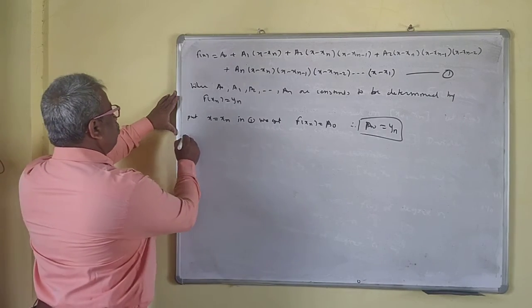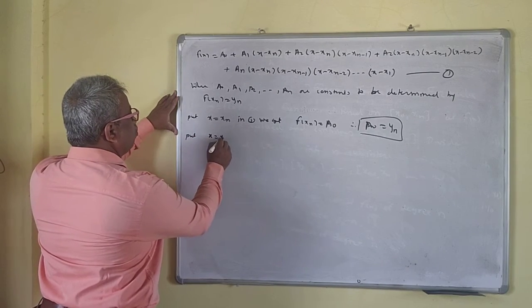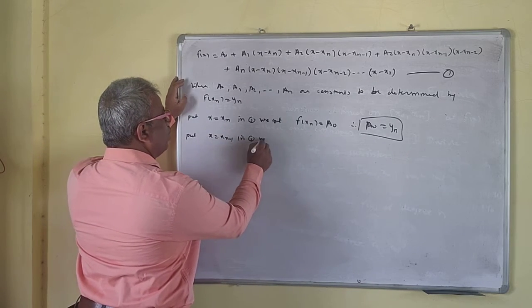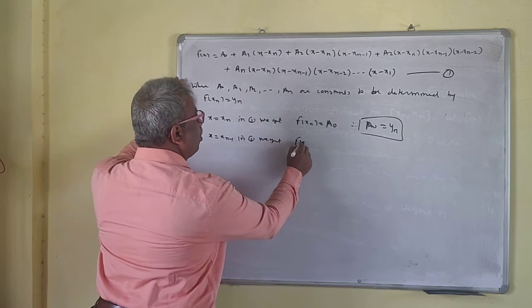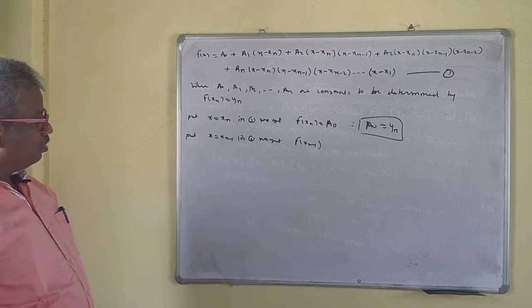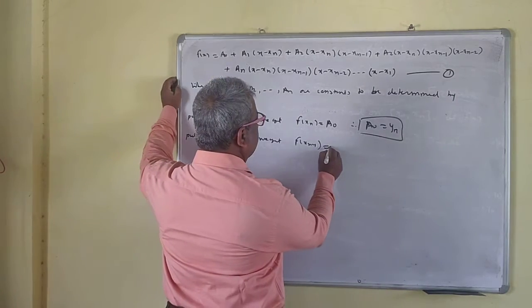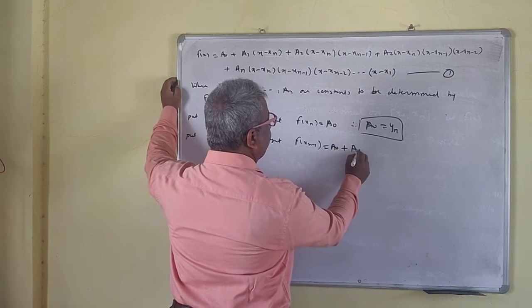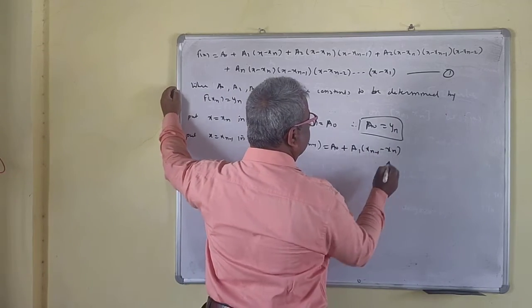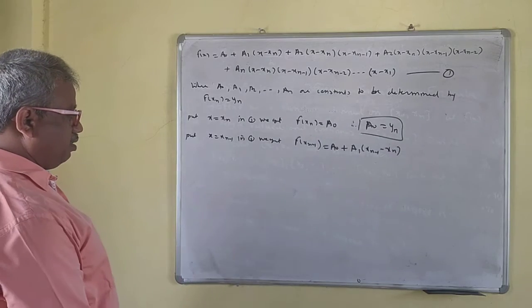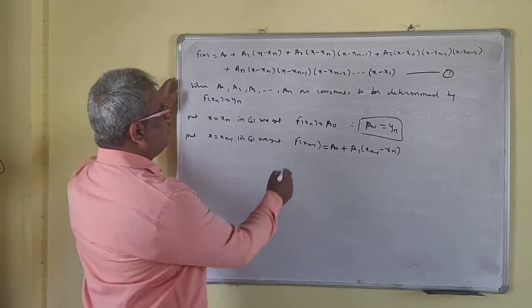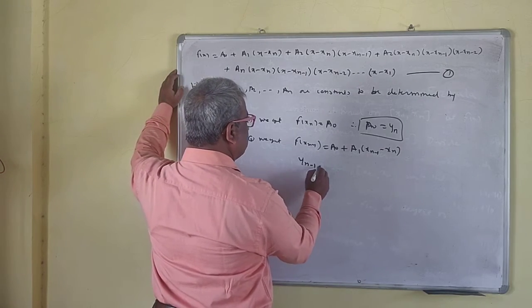Now put x is equal to xn minus 1 in equation 1. We get f of xn minus 1, which is yn minus 1.